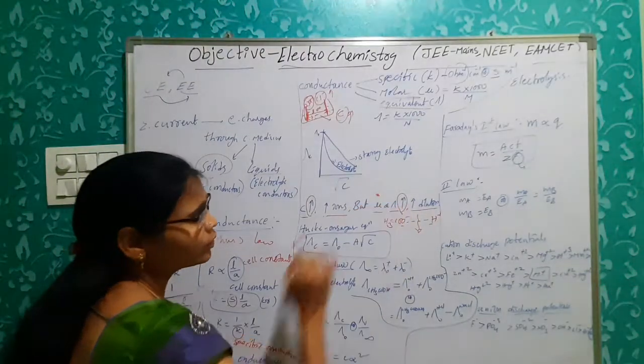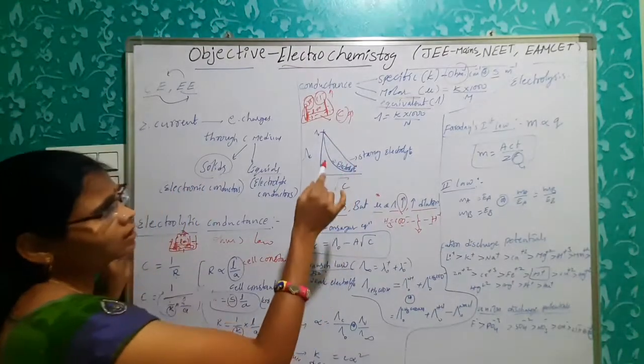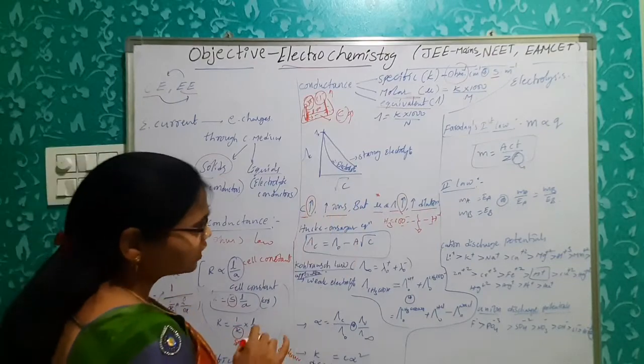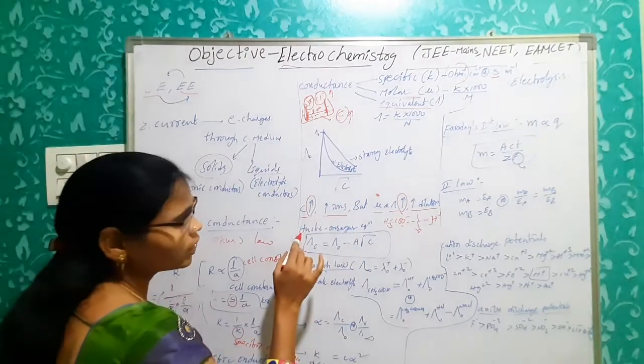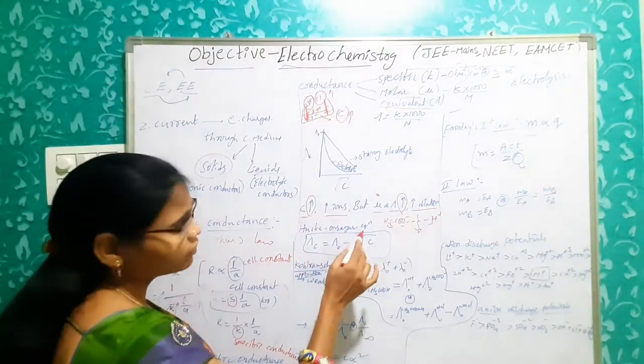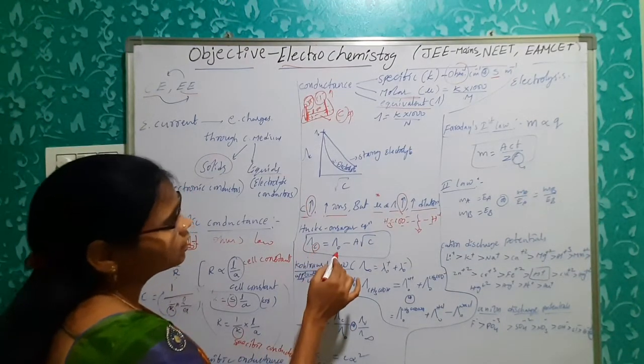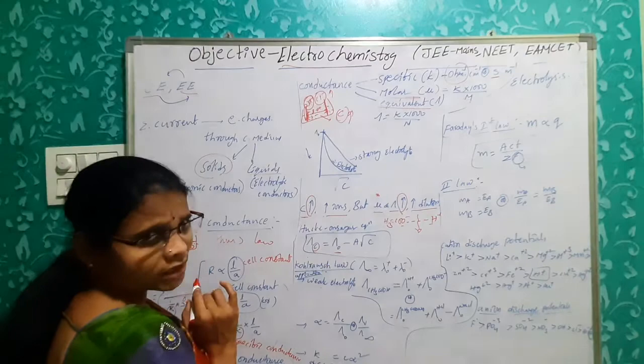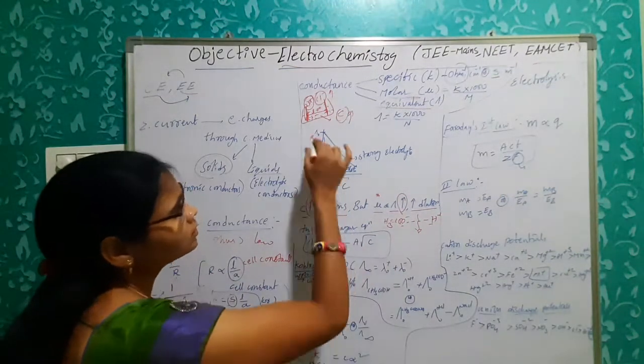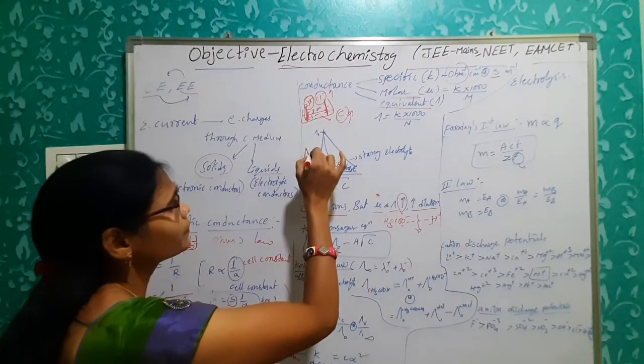Remember, this is very important. Then Debye-Huckel-Onsager gives the relation between the equivalent conductance at a given concentration and at zero concentration. So we can draw the graph here.